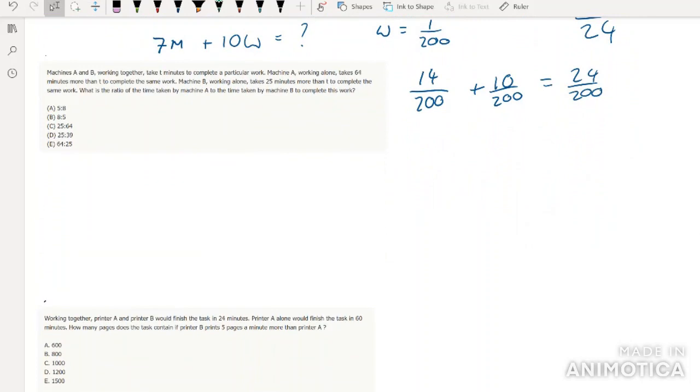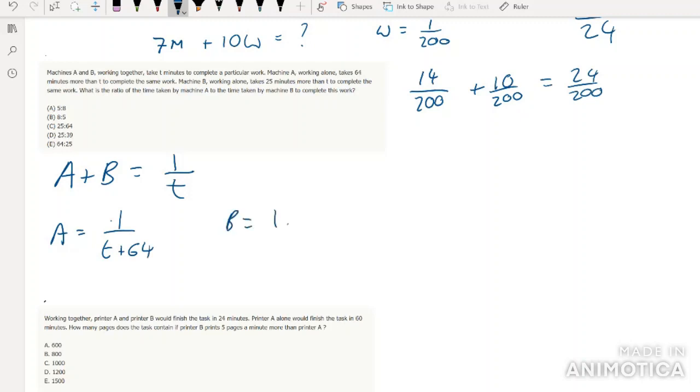Machines A and B working together take t minutes, so A plus B equals 1 over t. A working alone, A equals 1 over t plus 64.